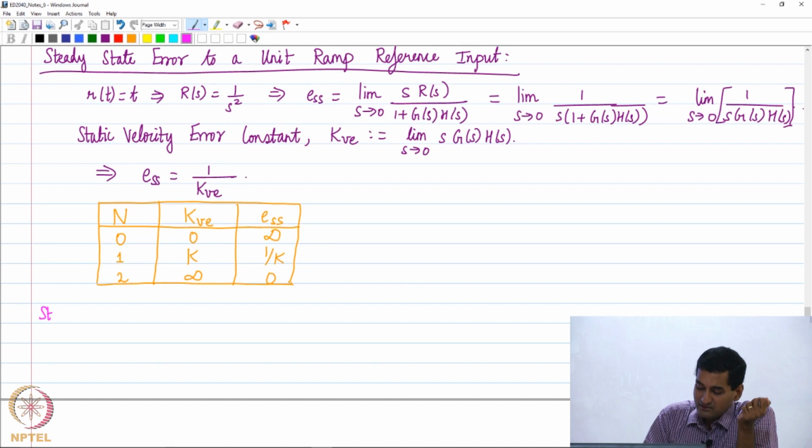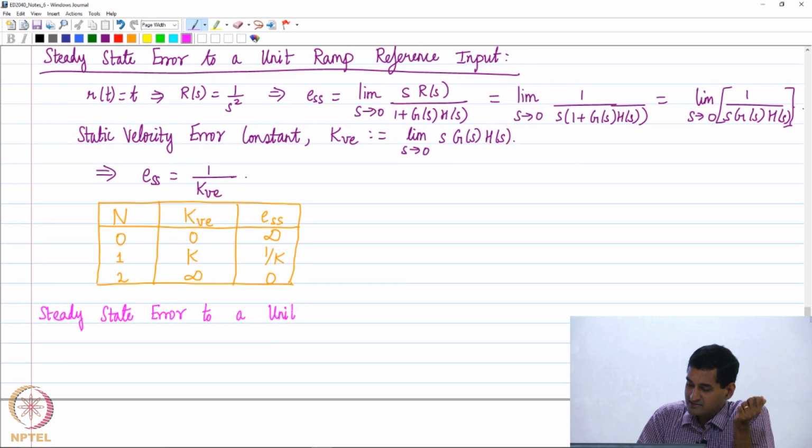So now similarly, the final error analysis that we are going to do is for a unit parabolic reference input.